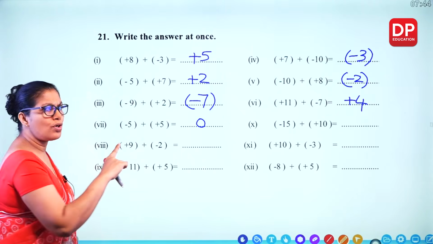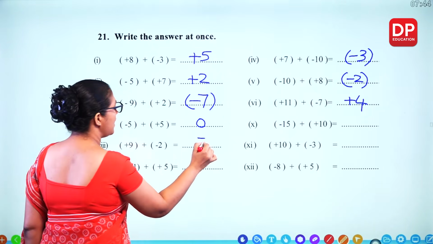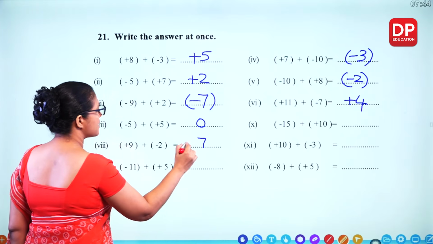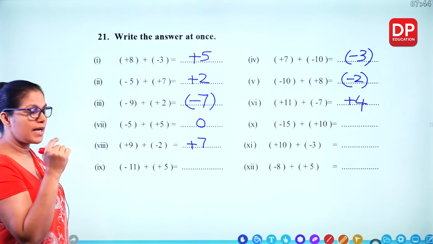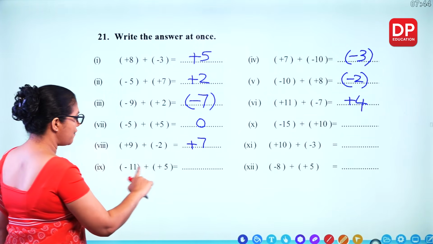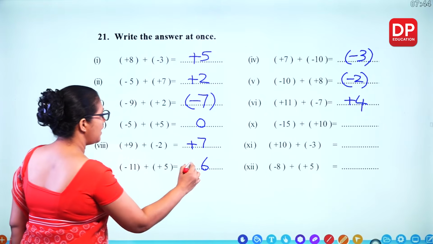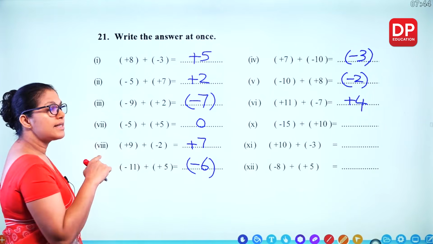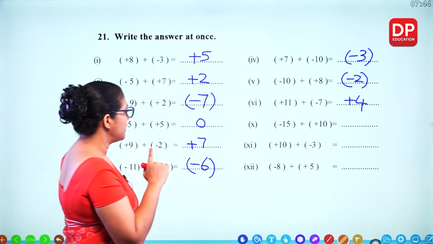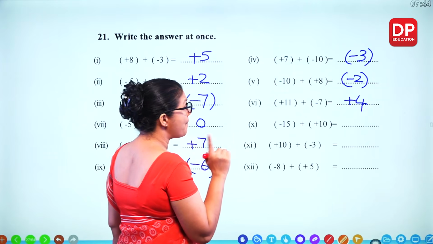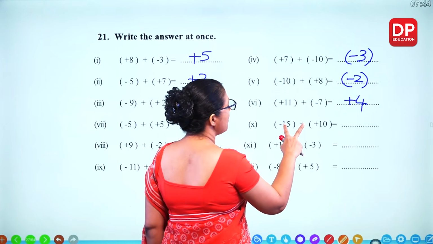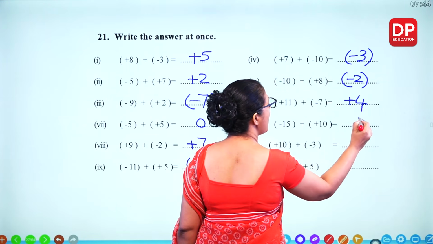15 and I'll do this one. 9 and minus 2. Difference is 7 and plus is there because 9 is bigger. 11 and 5. Difference is 6. Negative 6 because minus 11 is bigger than 5. When you compare without the sign, then 15 and 10, difference is 5.